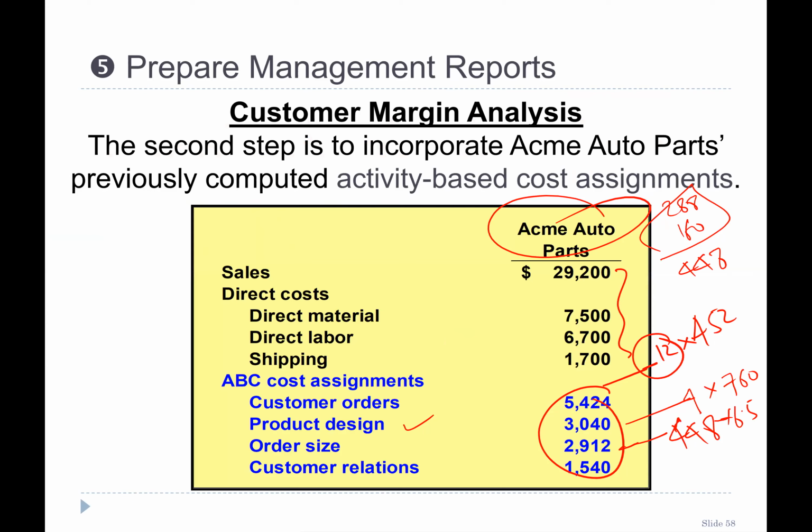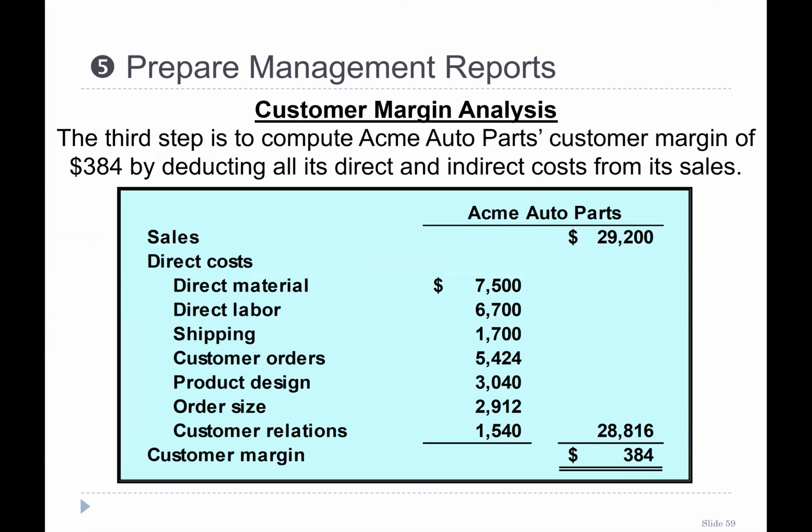And customer relation, since this is one customer, per unit customer relation cost is 1,540. So we just multiply one customer by 1540. Answer would be 1540. If you subtract all these, it tells us whether it is a loss or a profit. In our next slide, we will find out that there is a customer margin.